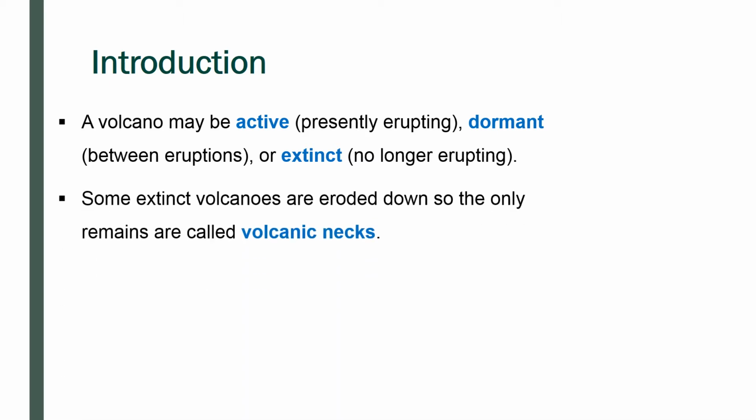Some of those extinct volcanoes are eroded by the erosion factors. So the remains only of this volcano, we call it volcano neck, and the plural is necks.